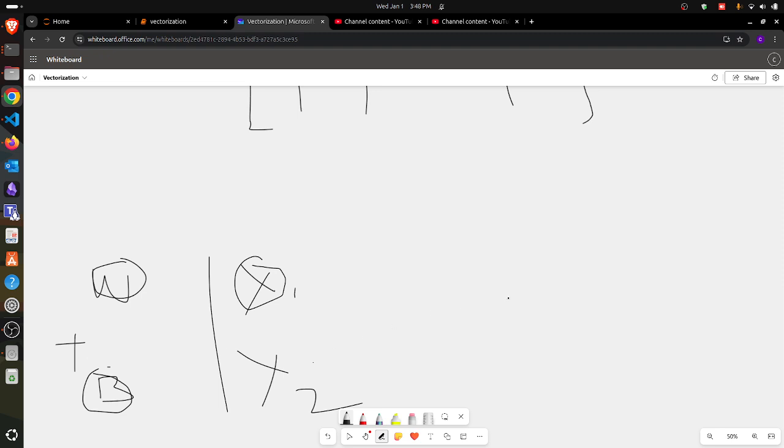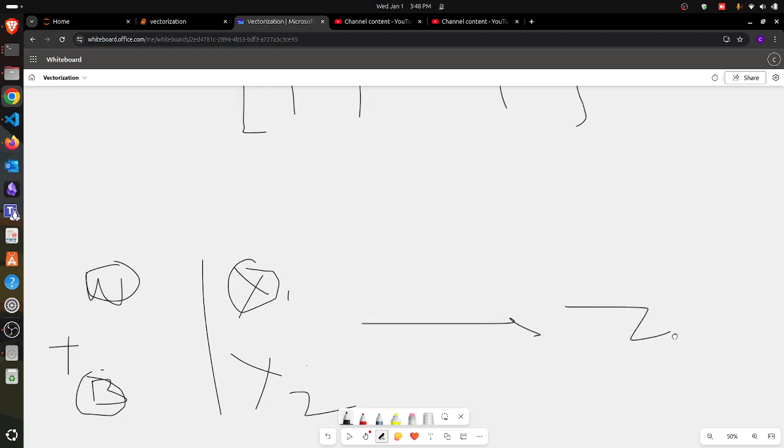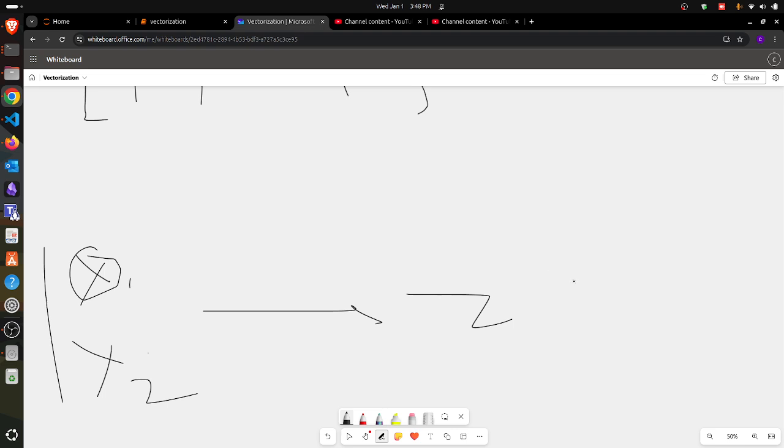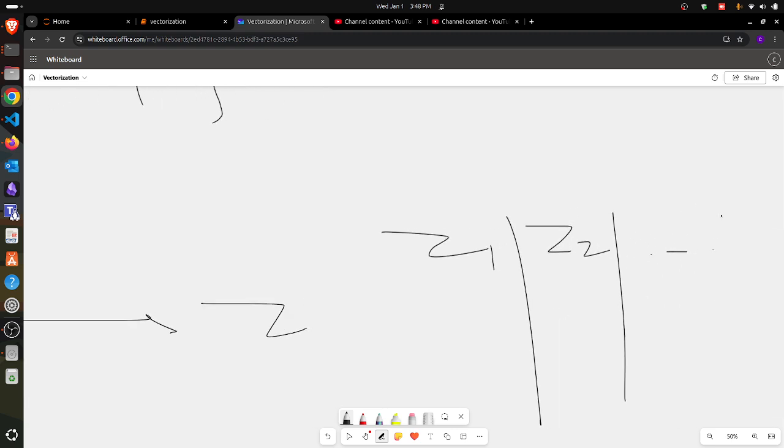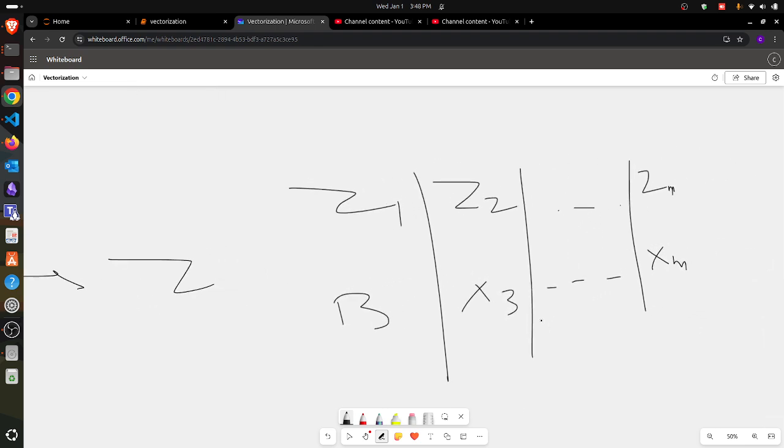This will give us a new number z, and we do this for all pictures, and it will look like z1, z2, up to zm. This matrix is like a big list of numbers that computers can use to understand what's in each picture.